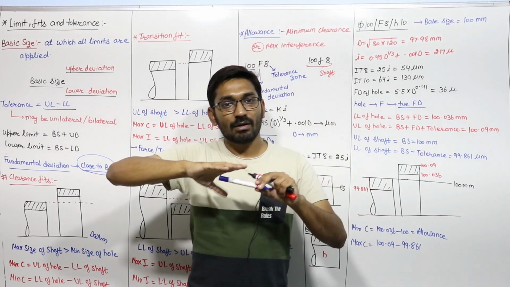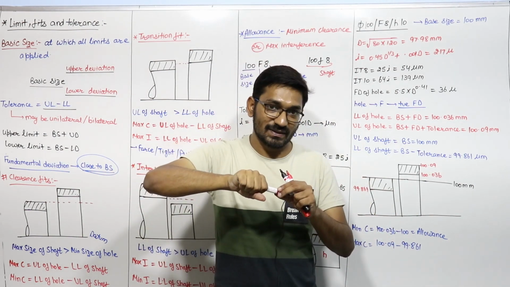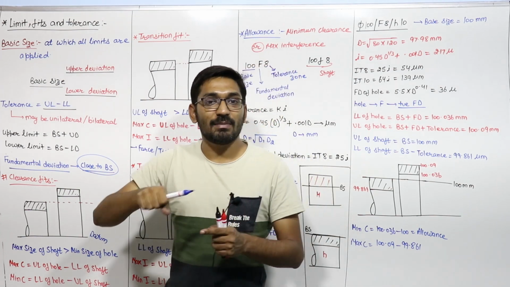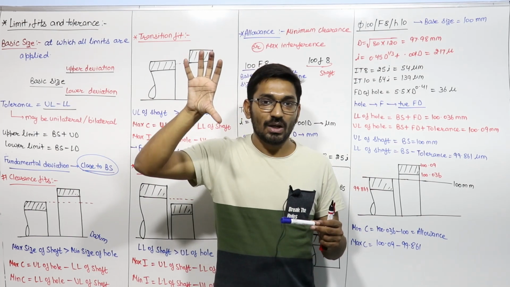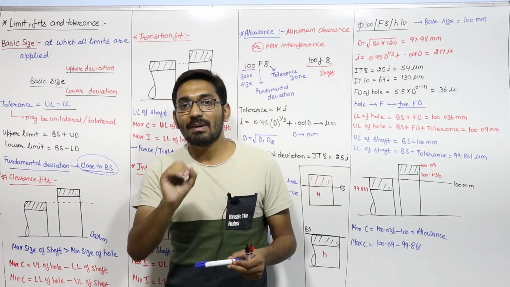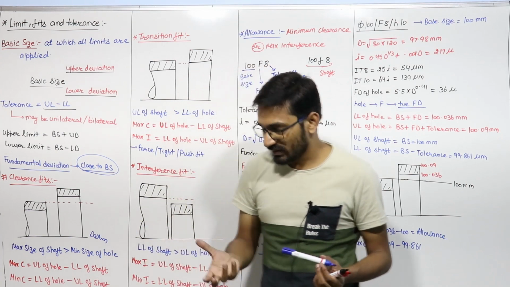If the lower limit of the hole, the minimum size of the hole, is greater than the maximum size of the shaft, that fit is clearance fit. Because if this is the case, then obviously the upper limit of the hole and lower limit of the shaft will be different. The maximum size of the hole is obviously greater than the minimum size of the shaft. That is too obvious.